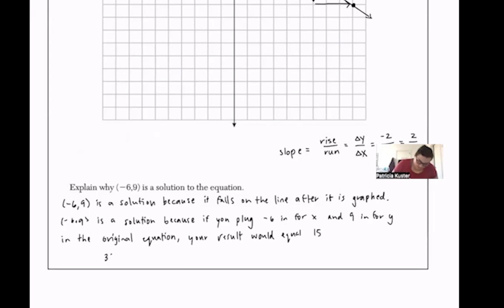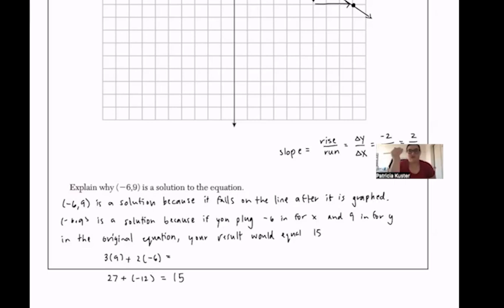So if I did 3 times 9 plus 2 times negative 6, I would get 27 plus negative 12, which is 15.